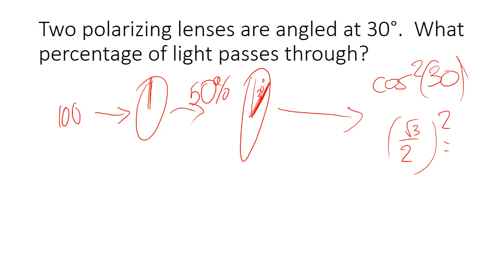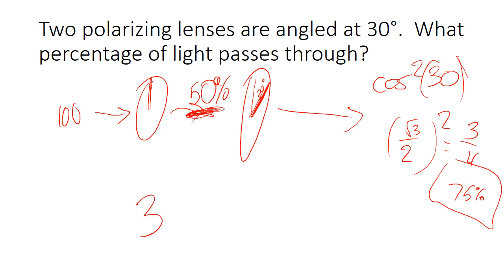Squared is going to be 3 over 4, so you're going to get 75%, right? But hold on a second, it's not 75% of 100%, it's 75% of this, because this is what's coming in here. So we multiply those together, we're going to get 37.5% of the light. No calculator even needed. Too easy. Alright, so that's how we calculate how much light passes through polarizing filters.